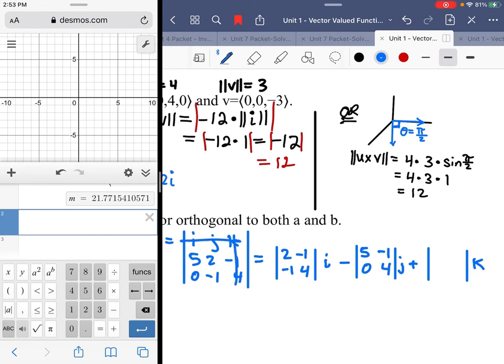And then for the K, same deal, ditch the row or column that contains the K. So 5, 2, 0, -1.